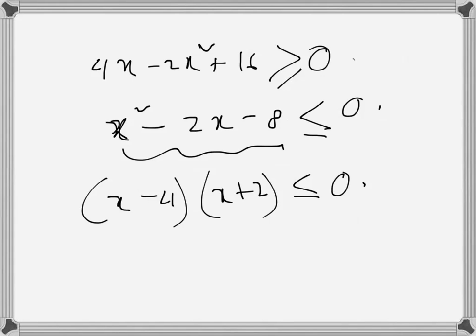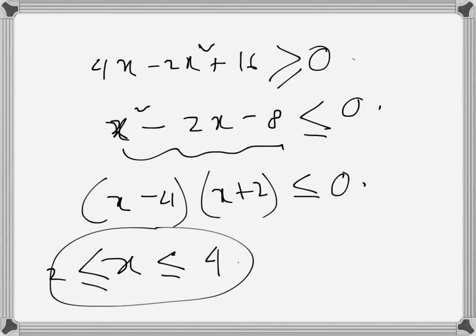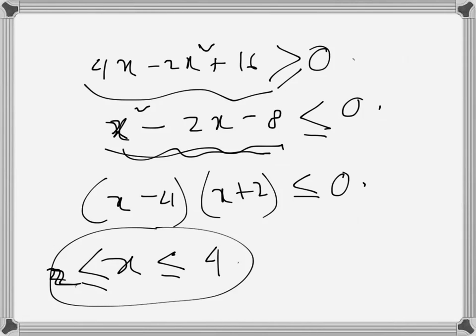So we will see that x lies between negative 2 and 4, only then will this inequality hold, where this part is less than 0. If I plot this one, the coefficient of x squared is positive, so it will be an upward parabola with the roots at negative 2 and 4.